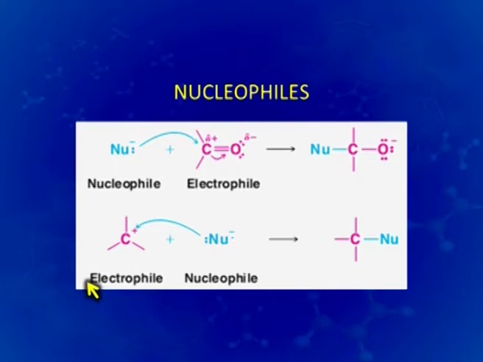Similarly, if we have an electrophile here, not necessarily a carbonyl compound which has a positive center and an oxygen which is electronegative enough to make it electropositive, but otherwise if we have a positive carbon center, then also the nucleophile will attack the carbon and form the bond.